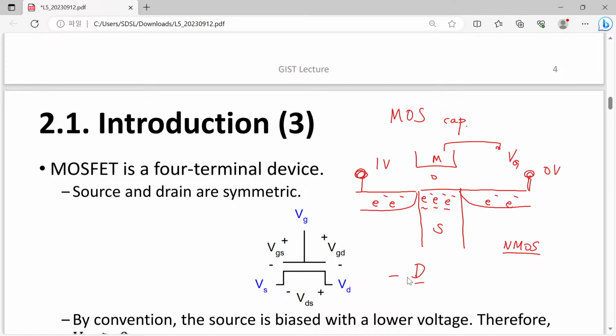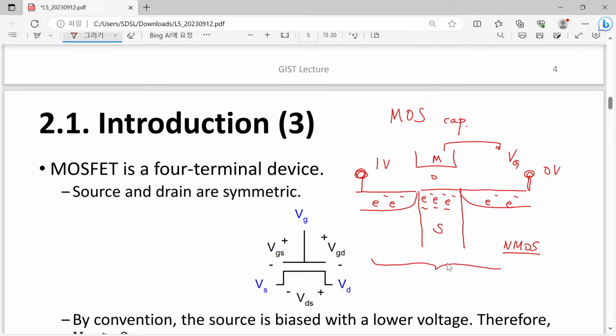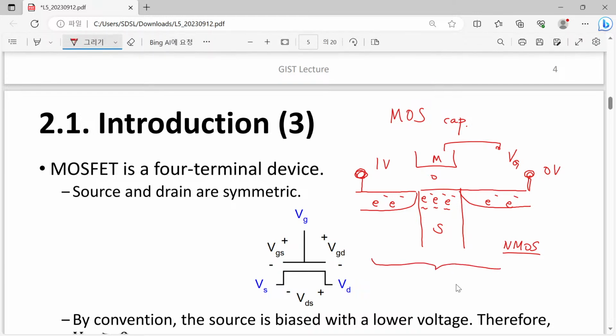Well, let's come back. Of course, please don't regard this kind of symmetric structure as just granted. We can find a counter example, for example the case of the BJT, the bipolar junction transistor. In this type of transistor, we have an asymmetric structure.